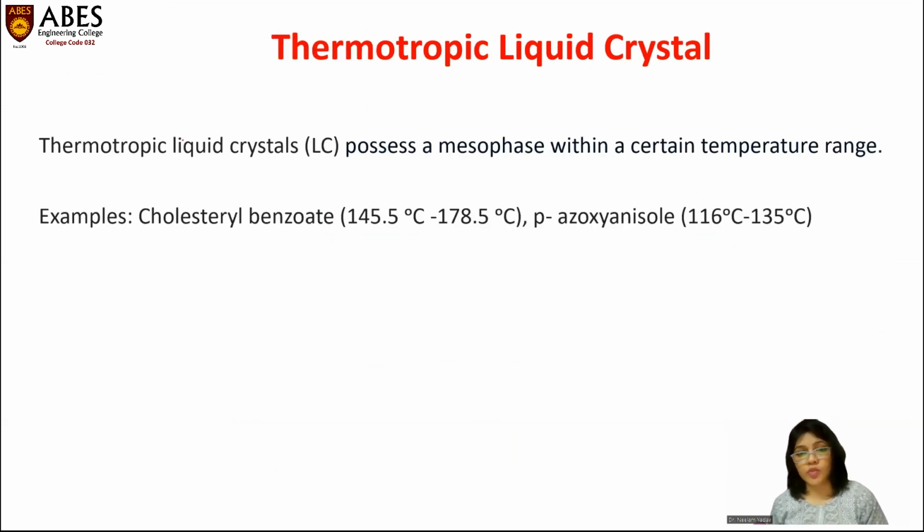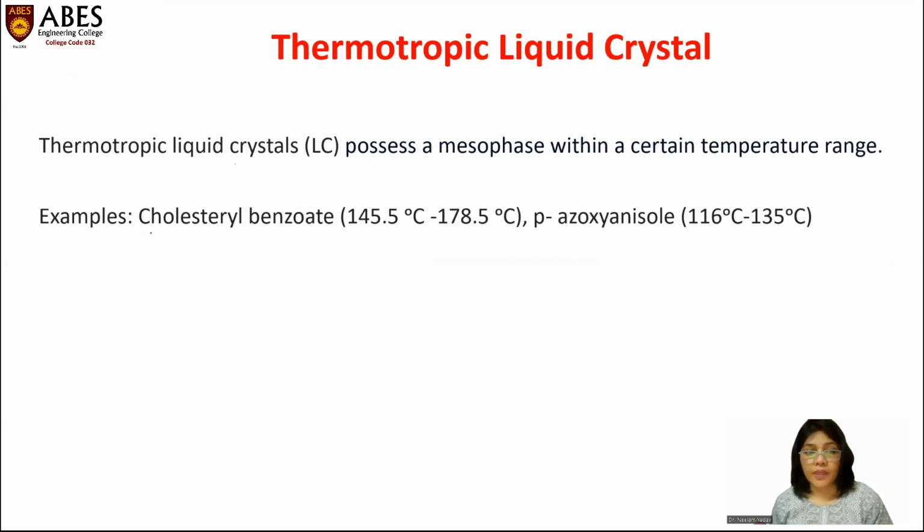Discussing the thermotropic liquid crystals, basically, thermotropic liquid crystals are the liquid crystals that become a liquid crystal at a certain temperature range. It's not necessary that if a substance is given, it will behave as a liquid crystal. It can also behave as a solid, and it can also behave as a liquid.